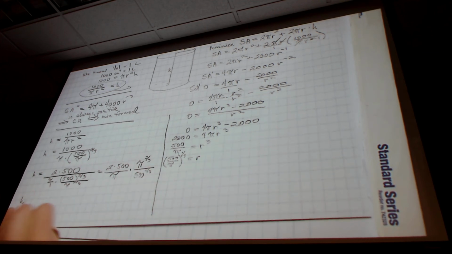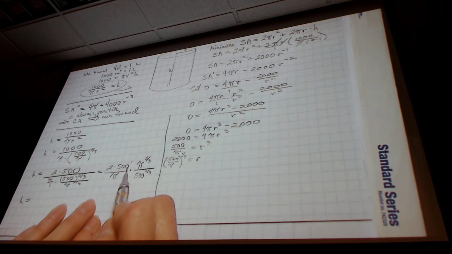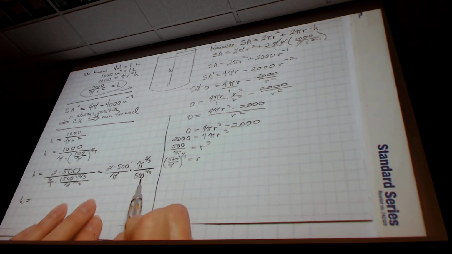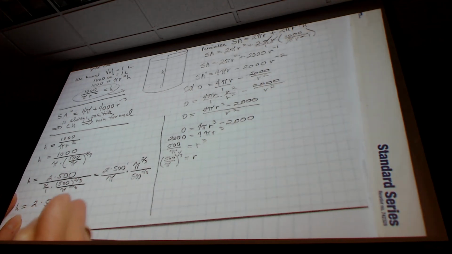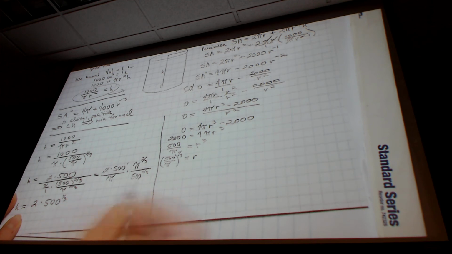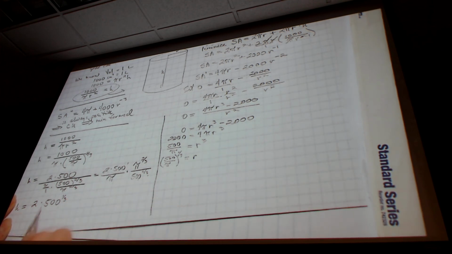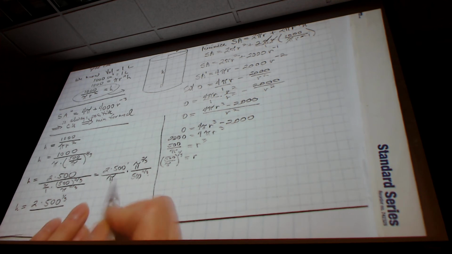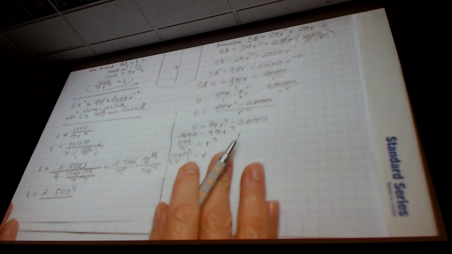So h now is, well, okay, check this out. That's 500 to the 1 divided by 500 to the 2/3. Isn't that 500 to the 1/3? 1 minus 2/3? Okay? And then there's more pi: it's to the first down here and 2/3 up there. So really more of them stay in the denominator.